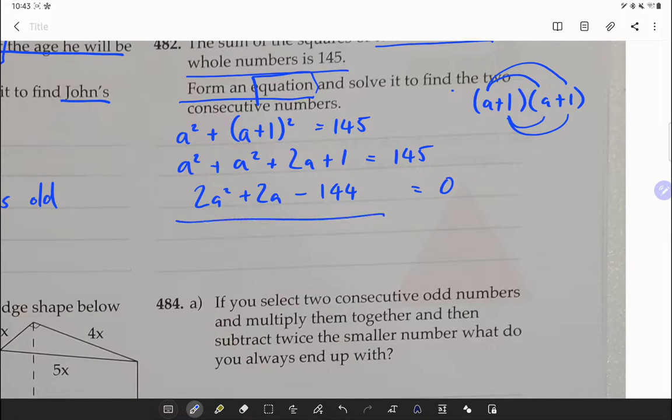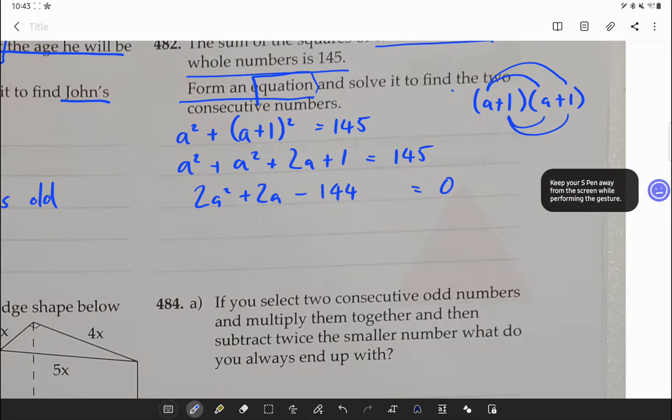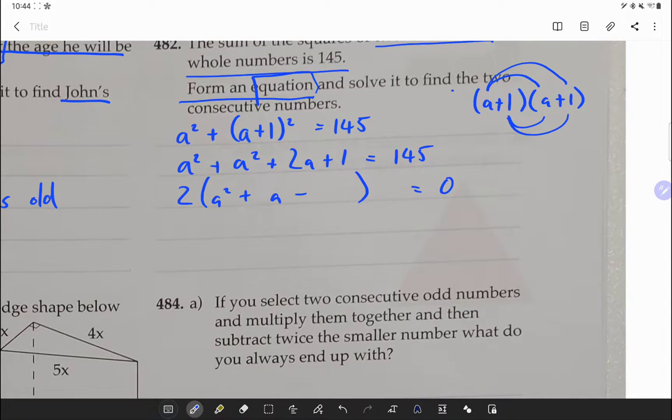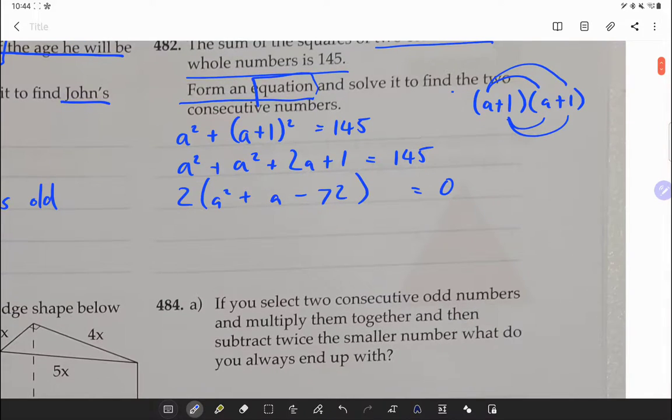Cool. I immediately see a common factor here. Instead of 2, 2 and minus 144, I can bring that 2 up there, and that would be 72, right? Yeah, so I've divided everything by 2.